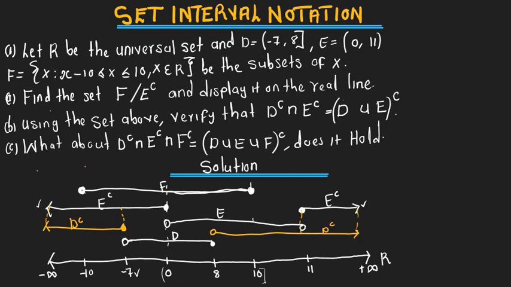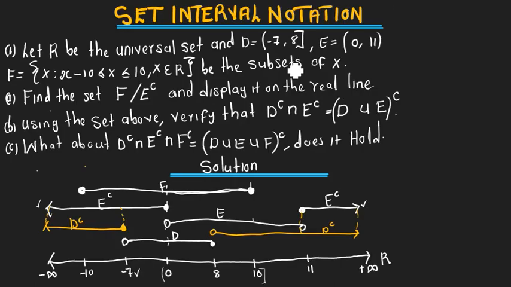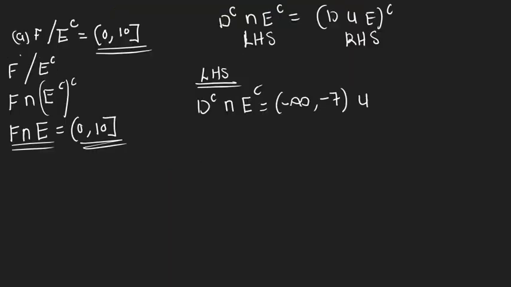Okay, then the union of, let's check, 11 was part of E, 11 is part of D complement, so all the way to 11, then all the way to positive infinity. That is our left hand side.